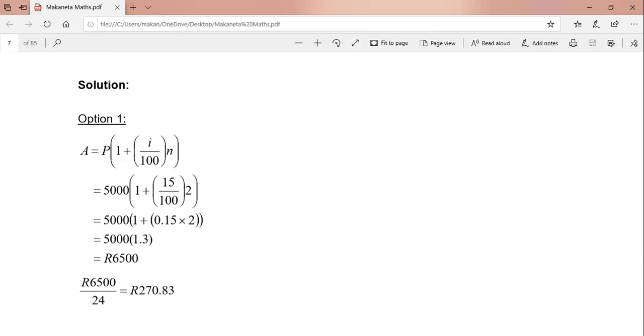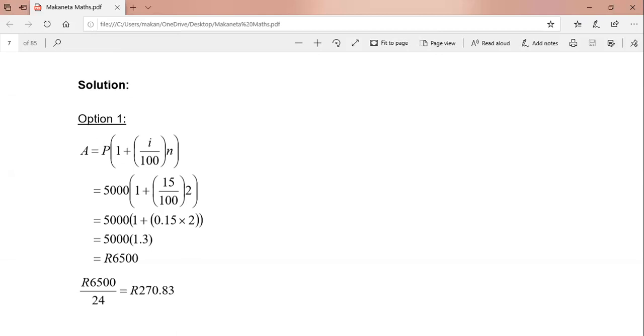So this will be the accrued amount on a loan that was taken under option 1. Remember that this loan has to be paid over a period of 2 years, as we know. And now we also know that 2 years consists of 24 months. So 2 years and 24 months mean one and the same. Now, it is for this reason that we divide 6,500 by 24.